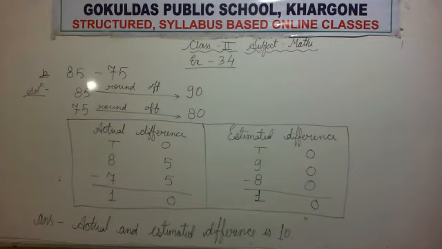And for finding estimated difference, we subtracted the rounded off numbers. So, at last, we wrote the answer as actual and estimated difference, whatever we got. Okay, students? Note it down quickly.